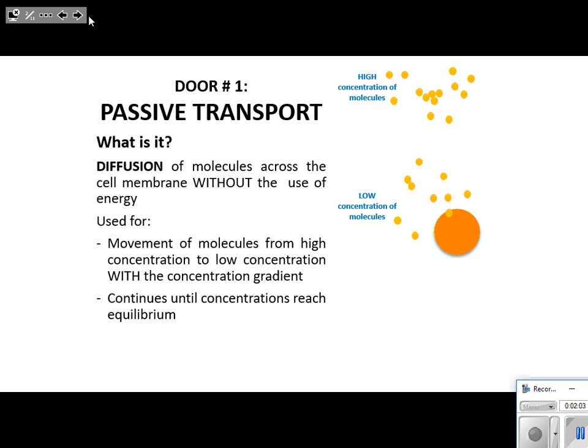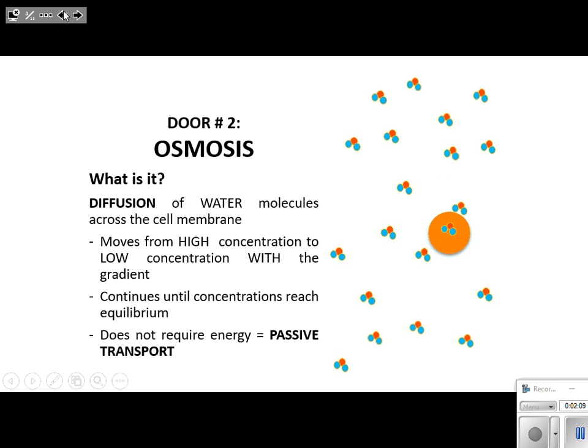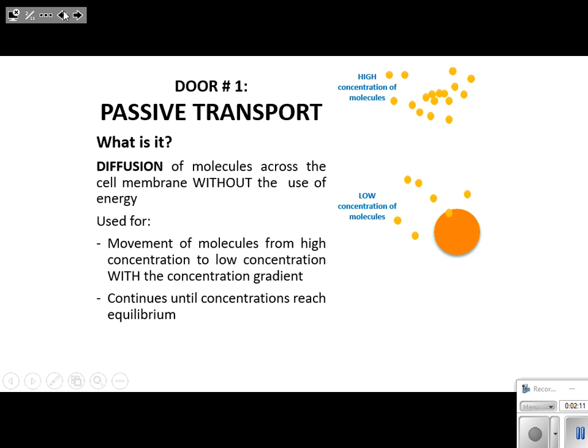Now, diffusion of molecules across the cell membrane without the use of energy. So, that is passive transport.